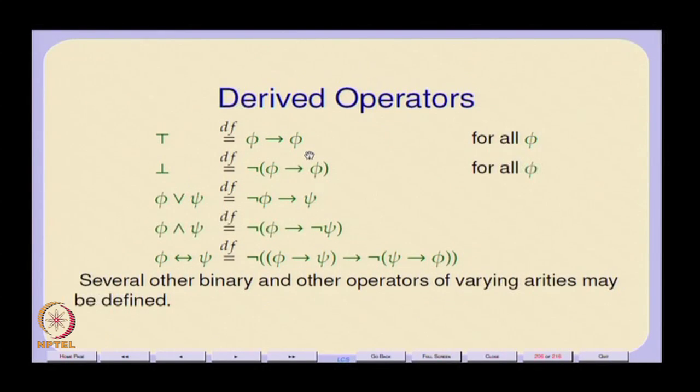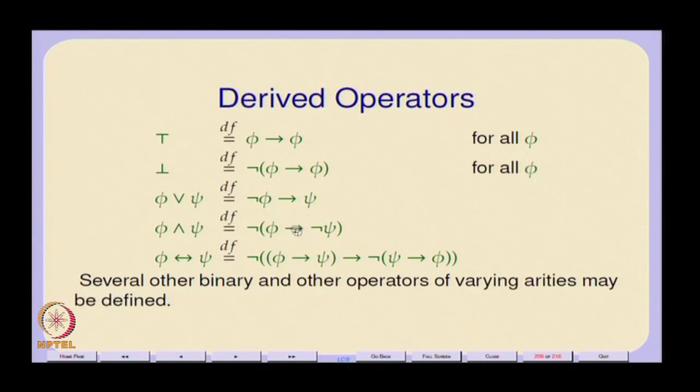Right? This is what a syntactic definitional equality essentially says, that I am using this symbol on the left hand side as an abbreviation of a certain structure, a certain pattern on the right hand side.